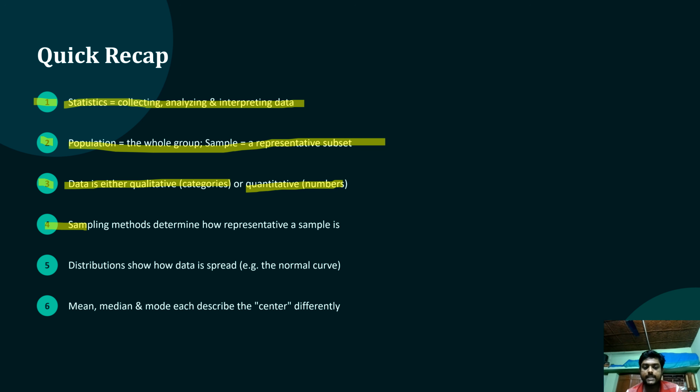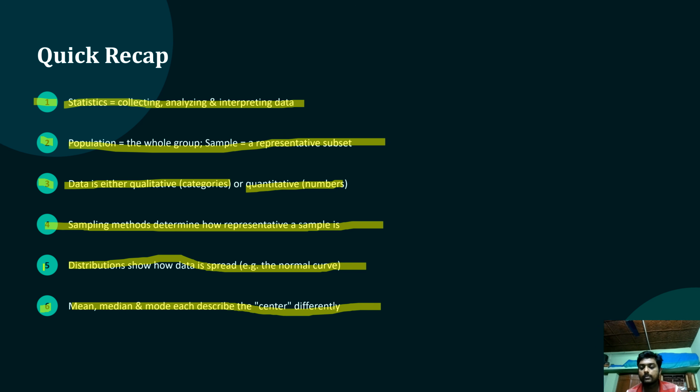Number four, the sampling method determines how representative a sample is. Number five, the distribution shows how data is spread, for example the normal curve, where mean equals median equals mode. Number six, the mean, median, and mode each describe the center differently.